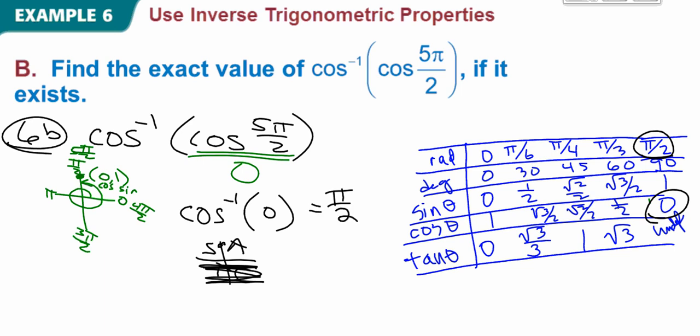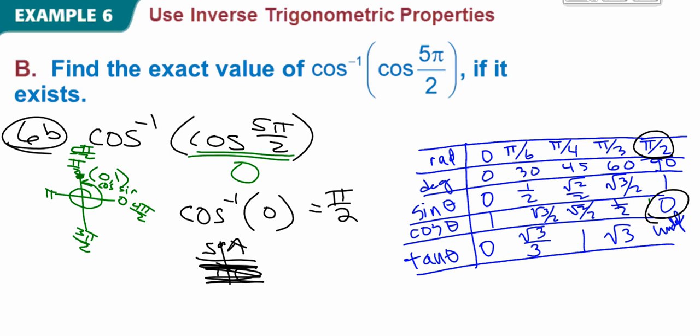A note to self: that reference angle is going to be important, because the answer is either going to be exactly equal to that angle that we're talking about, or it's going to have the same reference angle. Just something to keep in mind as you're going through these problems.